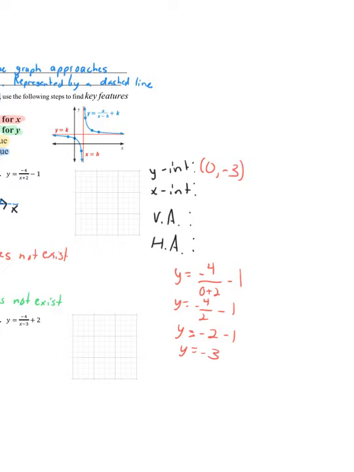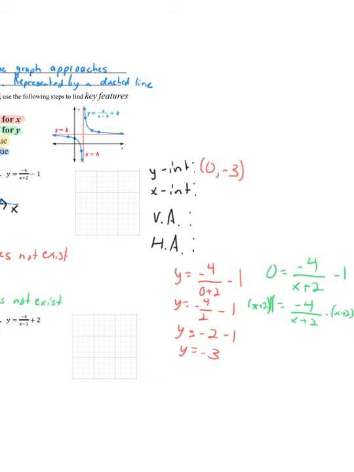For my x-intercept, remember, you guys got to be able to show me algebraically how to do this. So it's important that you know how to do this algebraically. I'll start by adding 1 to both sides. And then I want to get rid of that denominator. I don't like denominators. So I'm going to multiply both sides by that entire denominator, x plus 2.